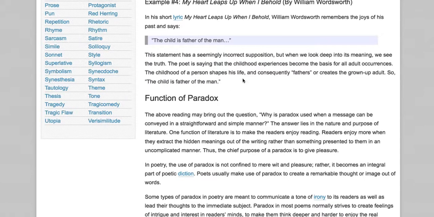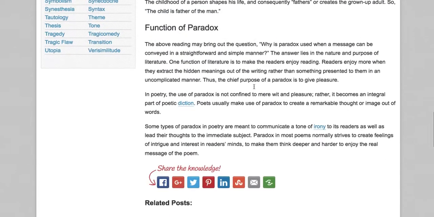A person's childhood shapes his life and consequently fathers or creates the grown-up adult. You could also read it as the child is the father of mankind, right? Because we're all children first.